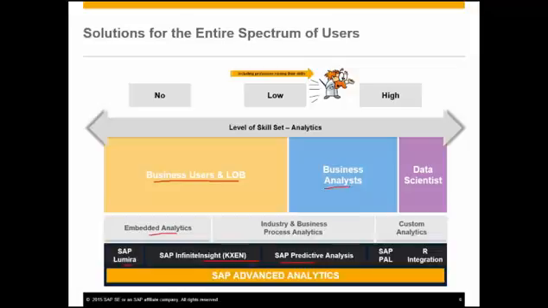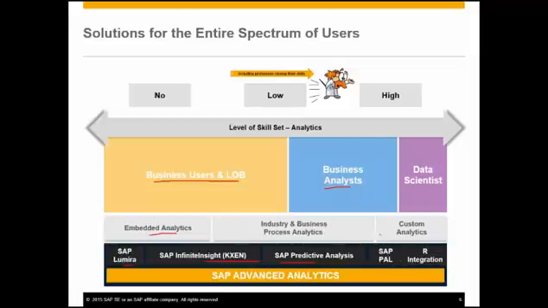And for those of you who want to become a data scientist, then you would need to learn how to create custom analytics. Then you need to learn the language R and be able to use the SAP predictive analysis library, which are pre-built R routines that you can use to create your own applications.